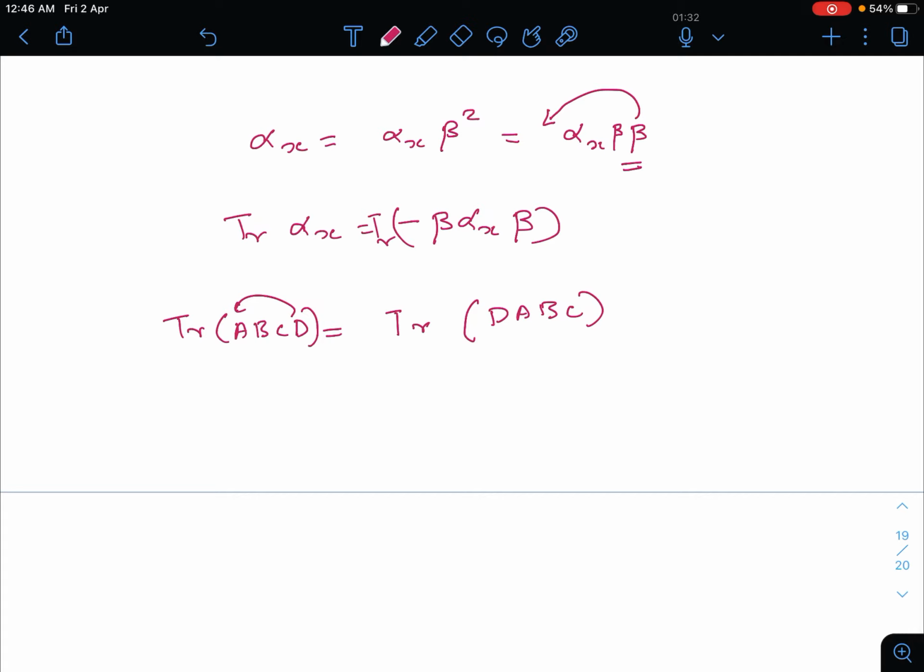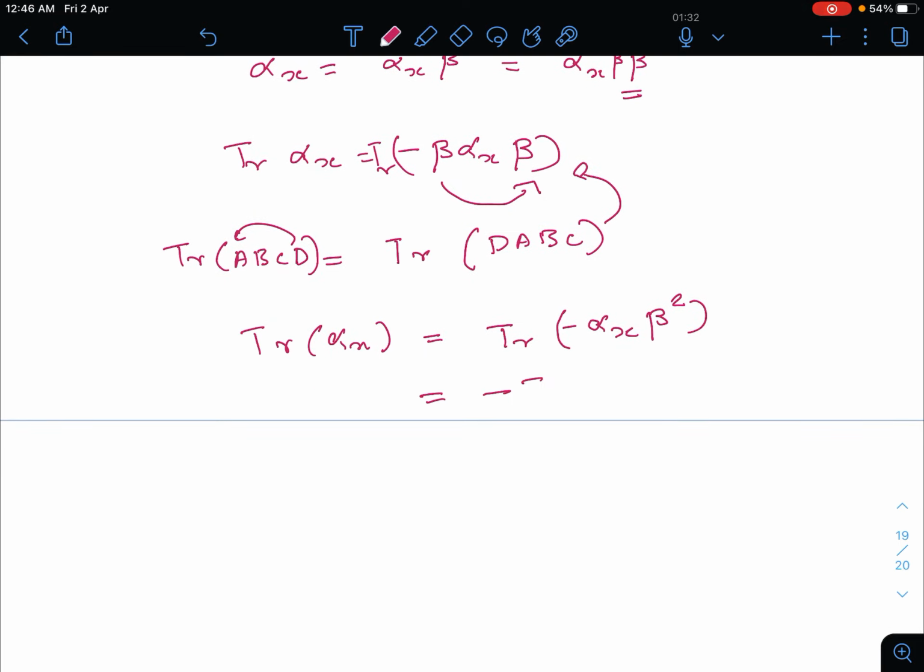So if I follow the same here, the trace of αx is equal to minus the trace of αx β², that is equal to minus the trace of αx. Clear?